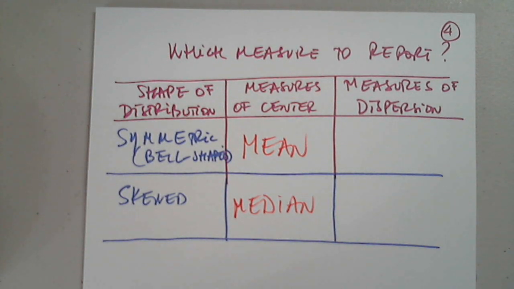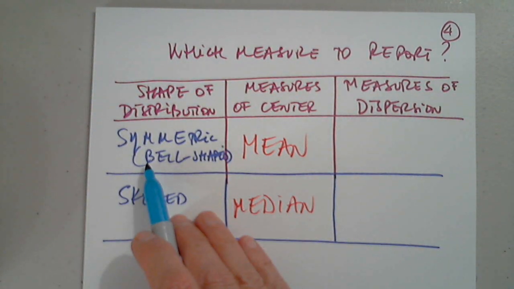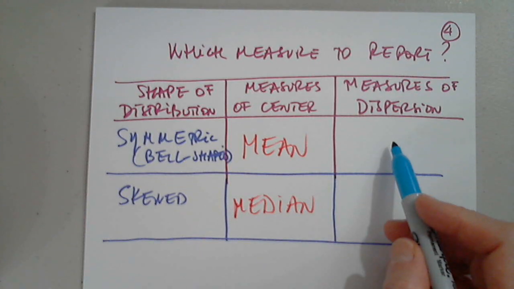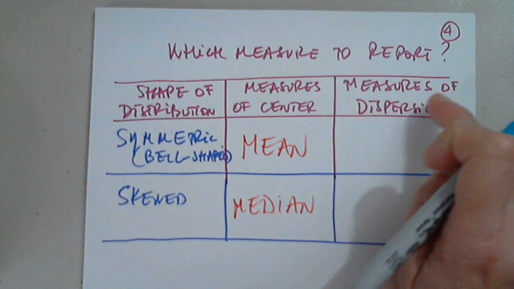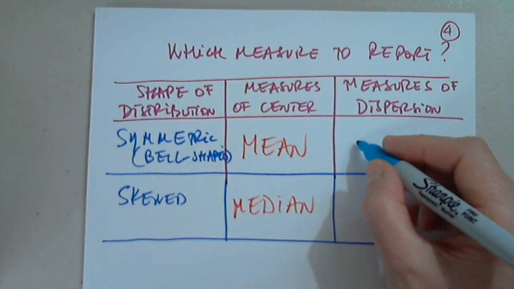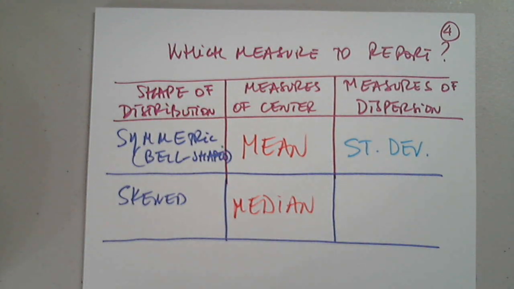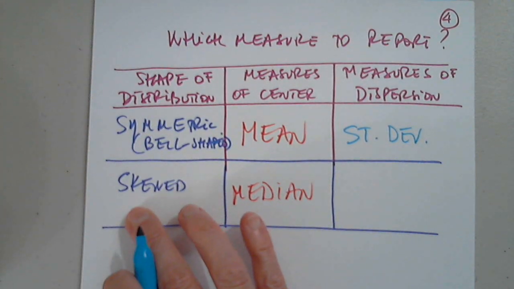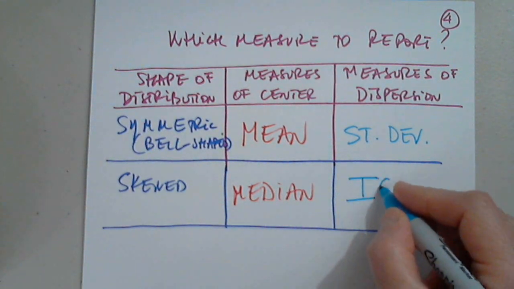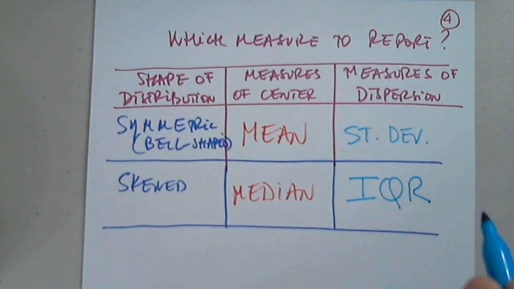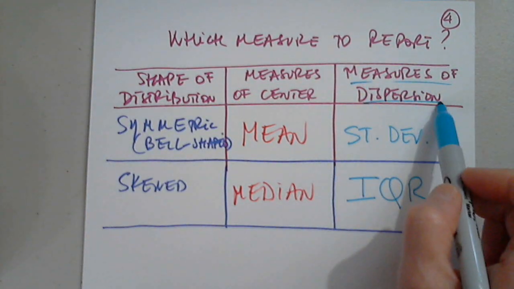Good. Okay. So now let's talk about the measures of dispersion. If it's a symmetric distribution, what do we report for the measure of dispersion? Standard deviation. Excellent. Who said that? Emma. Thank you. Very good. Well, I wanted to make sure now that we understand that for the skewed distribution, we will be reporting the IQR, the interquartile range, for the measure of dispersion.